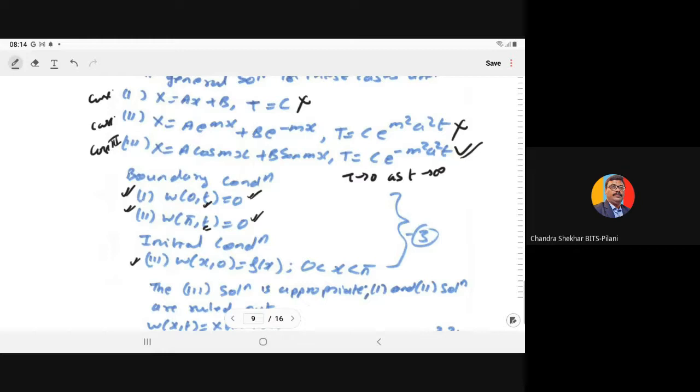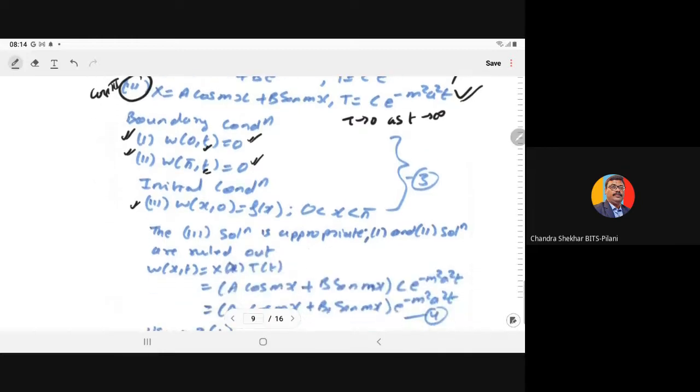So we are considering the third solution. The third solution is appropriate; the first and second are ruled out. Why are we considering the third solution? Because only in the third solution do we have w tends to 0 as t tends to infinity.